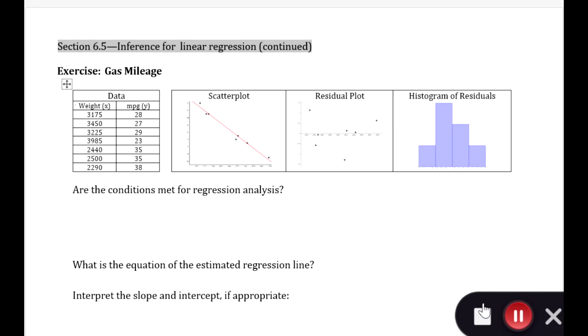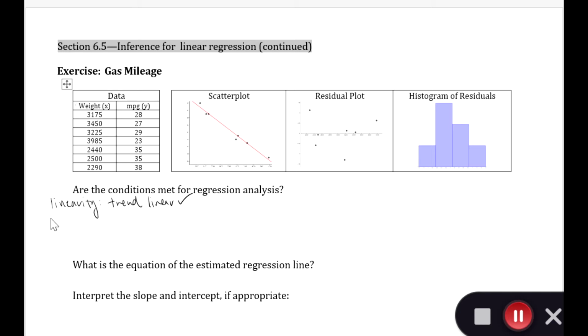Okay, so we first want to ask ourselves, are the conditions met for regression analysis? So the conditions are that we have linearity. When you look at your scatter plot, does there look to be a linear trend? And there does, so that is satisfied.